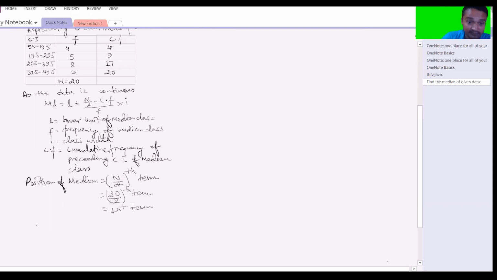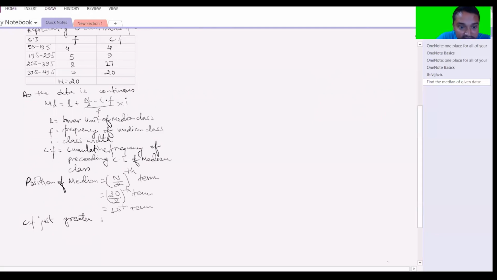Then the position will identify in which class interval the median lies. And see here, in the CF table there is no 10 present. It means that we need to find the CF just greater than 10. Okay, let's erase this one.